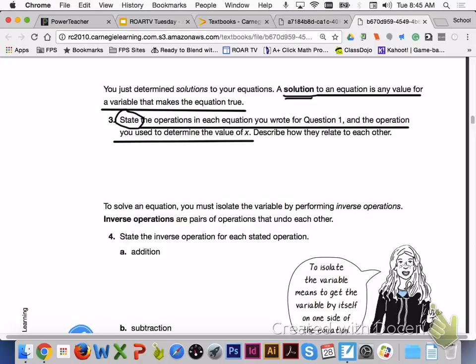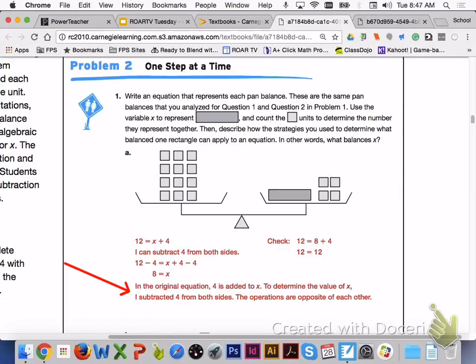You just determined solutions to your equations. A solution to an equation is any value for a variable that makes the equation true. Please answer number 3 with your group members. For number 1, letter A, in the original equation, 4 is added to x. In order to determine the value of x, you are subtracting 4 from both sides.